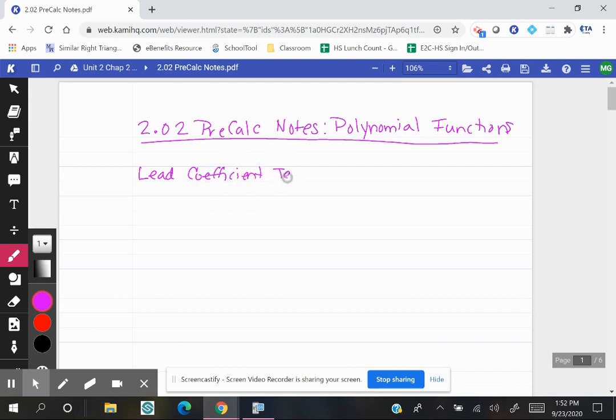And the lead coefficient test really just looks at your lead coefficient. So if you have an equation or a polynomial here, f of x equals a sub n times x to the n plus something, plus then we'd have our last couple terms here.